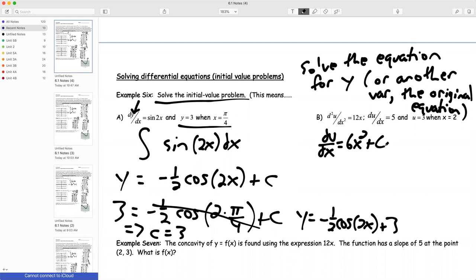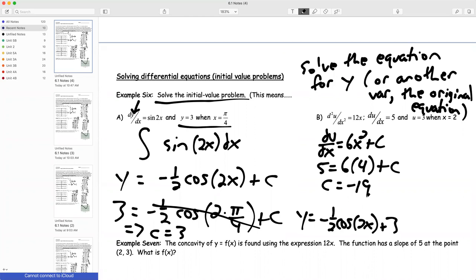All right, so now I need to solve for c, and here they tell me that du dx is 5. And they also tell me that x is 2. And so solving for c, I have 5 equals 24 plus c, and that means that c is negative 19.